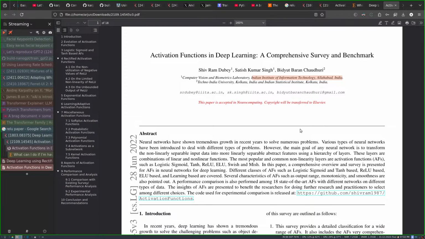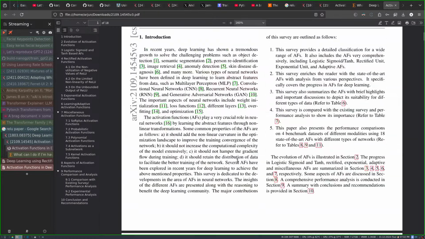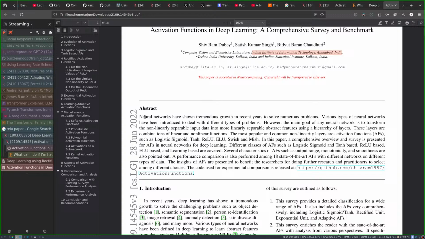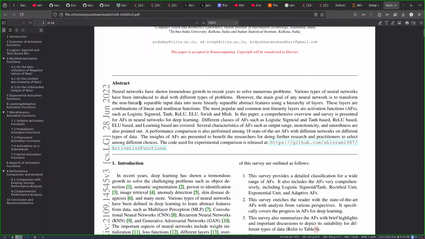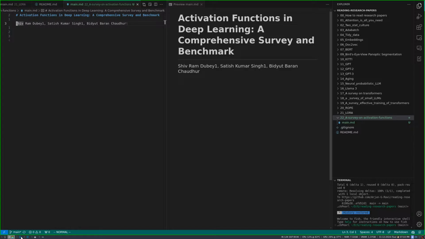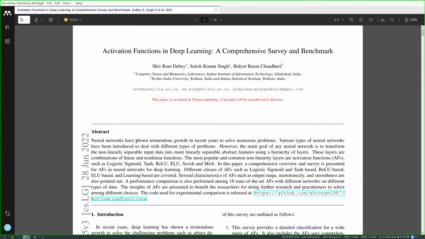So before reading the paper, we will read the abstract. We'll just get started. Neural networks have shown tremendous growth in recent years to solve numerous problems.